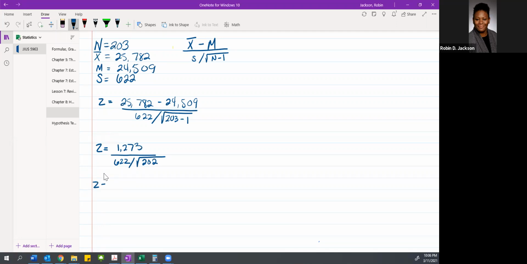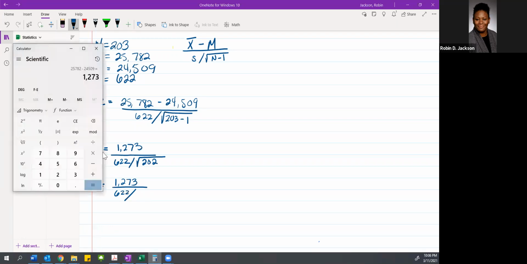So the next calculation will be 1,273 divided by 622 divided by, we're going to go ahead and get this square root. So let's get the square root of 202. There we go. That's going to be 14 point, and for this set of problems, I am going out to the 4th decimal place.